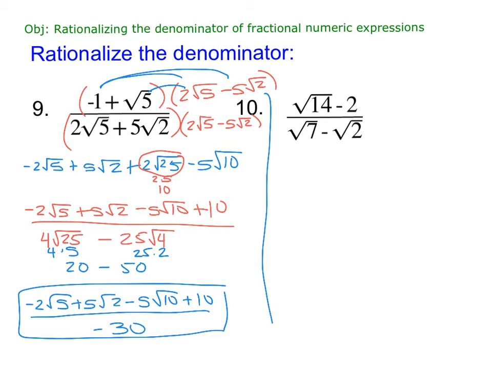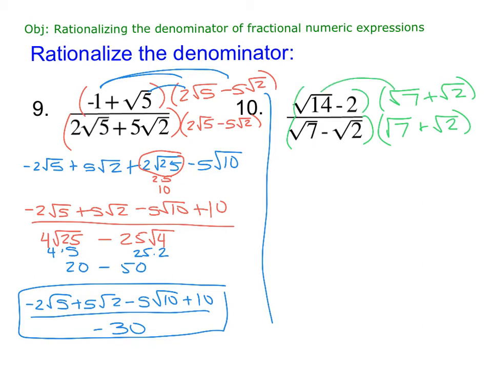Try this next one. If you made a mistake, try again. All right, I think this one's a little easier. It doesn't have coefficients, but we're gonna have to simplify. So root 7 plus root 2. So let's see, FOIL that out.